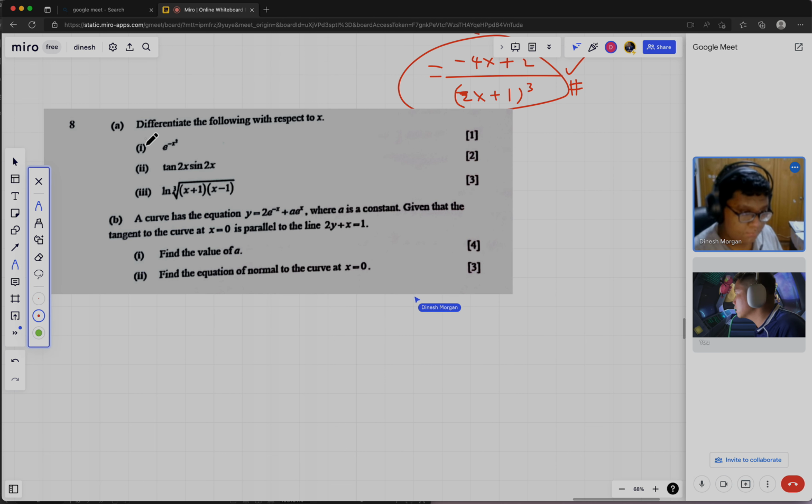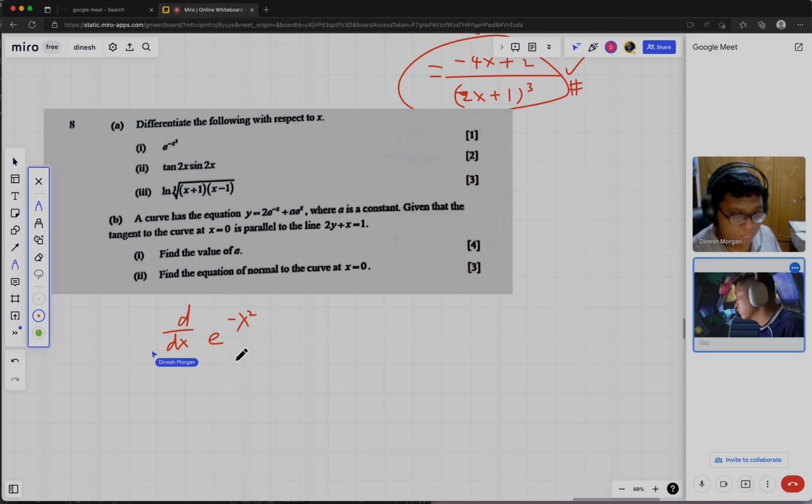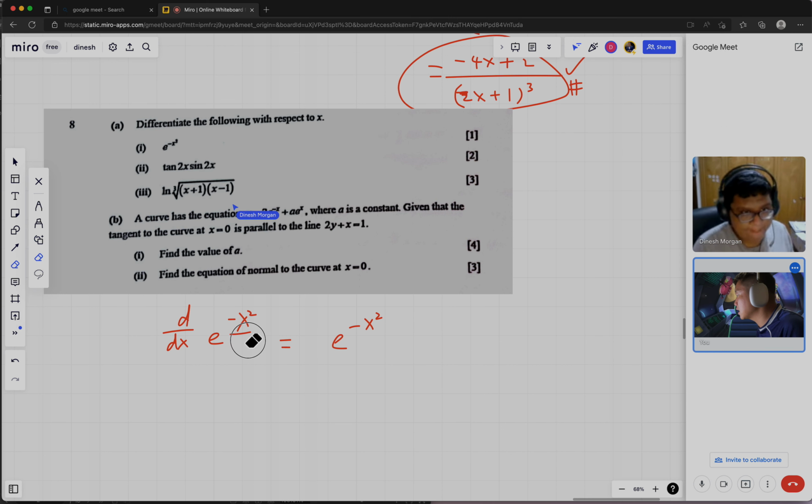Over here, you're asked to differentiate the following. So you have the exponential. For exponential, you end up with the same thing, but you still have to differentiate. First I differentiate this whole thing, and I will get this one, and next I differentiate over here.